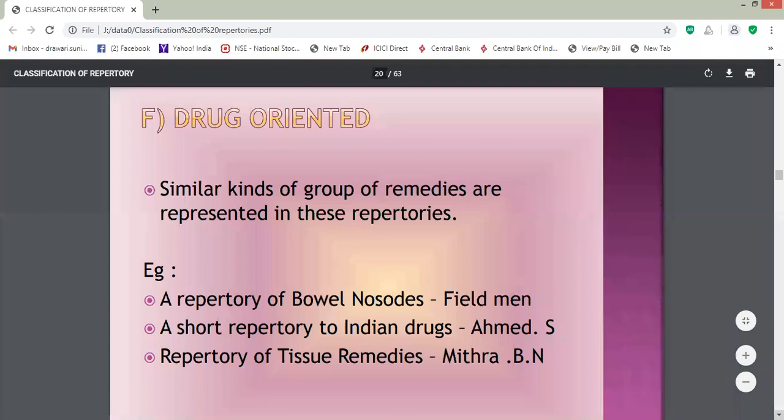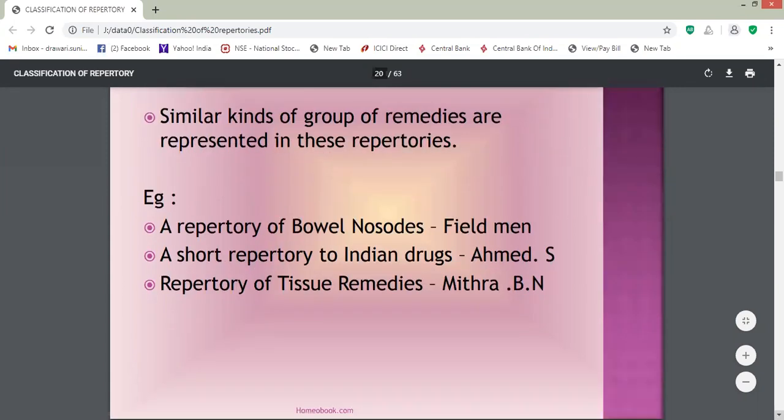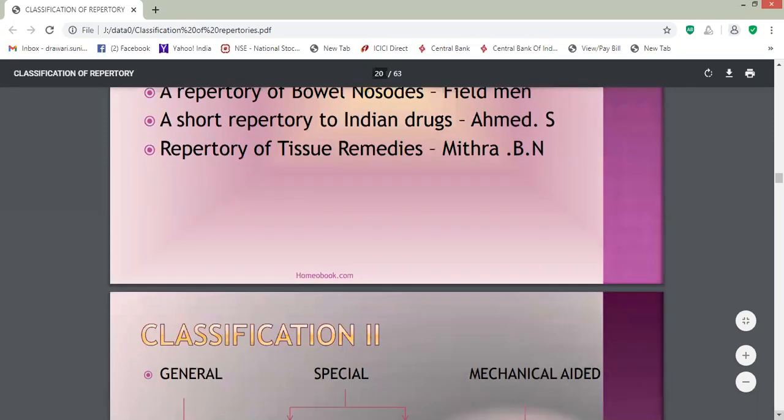Then Ahmed's short repertory to Indian drugs, B.N. Mitra's repertory of tissue remedies. So these are the examples of the drug oriented repertories. In this way, this is one type of classification of repertories.